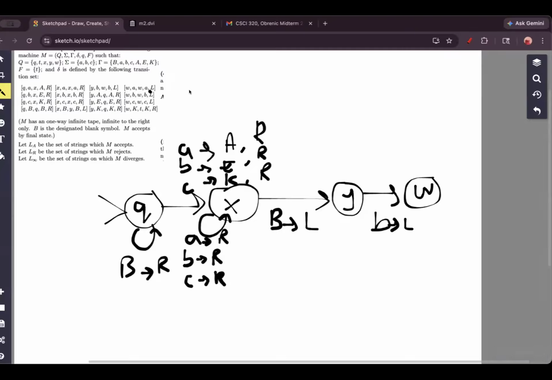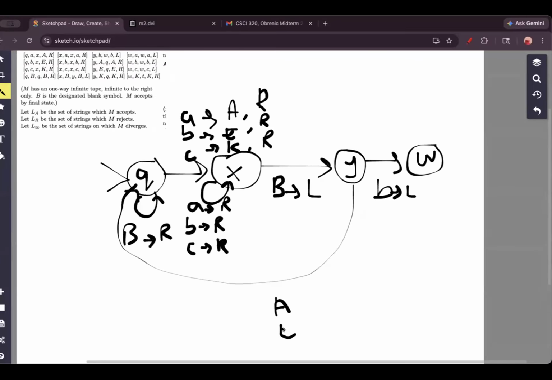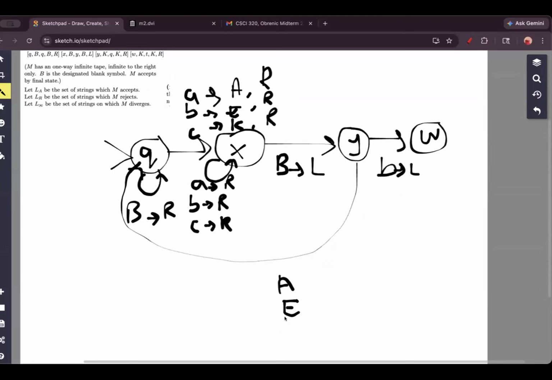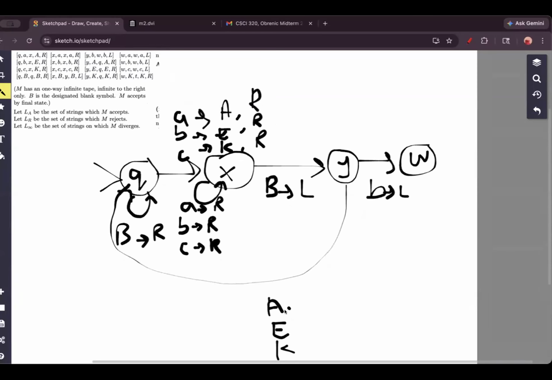And then in W, okay, let me just get this out of the way. A, E, K, all turning right.